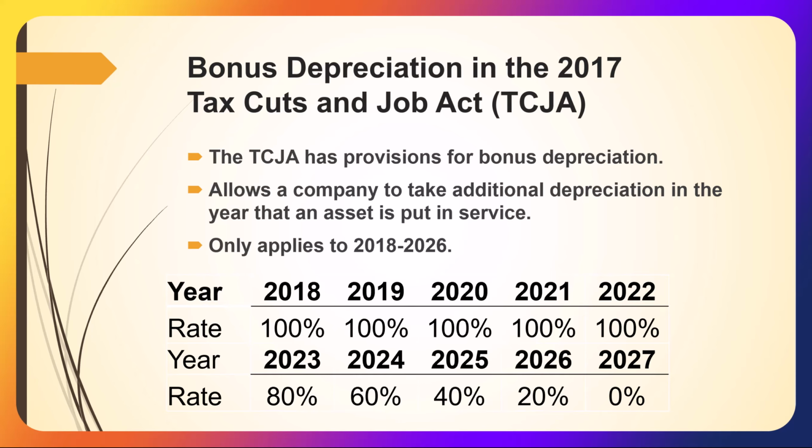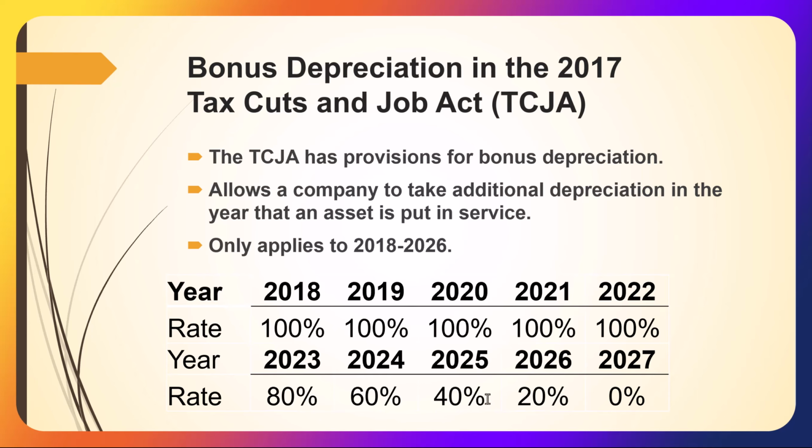One of the things I did want to mention, though, is one of the changes in the tax code. If you remember, there's now something called a bonus depreciation. It's only good till 2026, but it is in place now. So what is the bonus depreciation? Well, this is 2025.